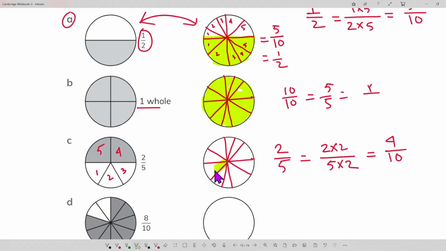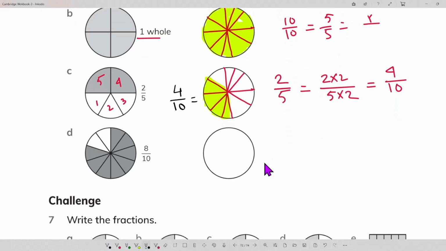Suppose 1 2 3 and 4 parts. This is called 4/10. Okay, very simple.